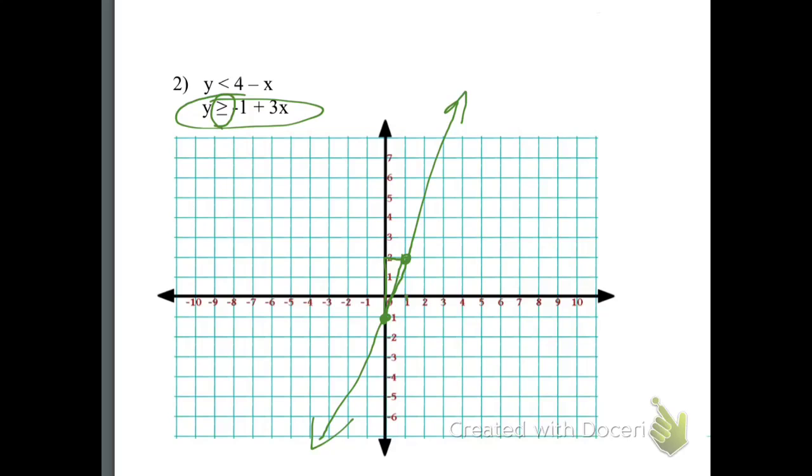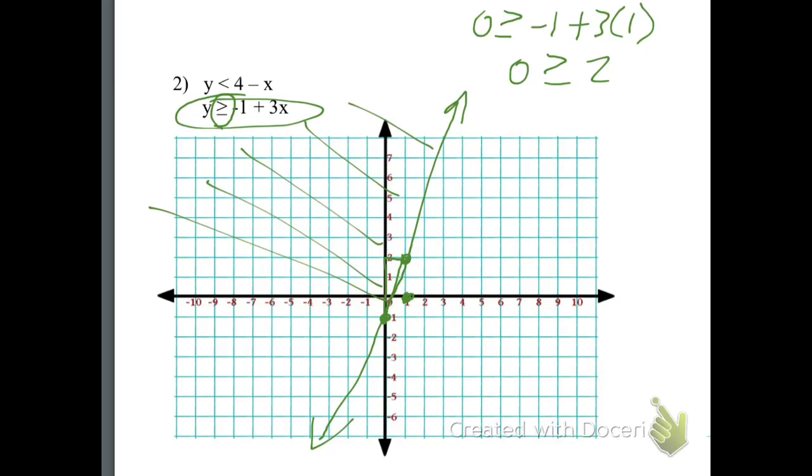I'm going to pick the point 1, 0 and plug that into my inequality. 0 greater than or equal to -1 plus 3 times 1, because x is 1 and y is 0, is 0 greater than or equal to 2. The answer is no, so I'm not going to shade this side, I'm going to shade the other direction. Shade, shade, shading, more shading with lines, woohoo!